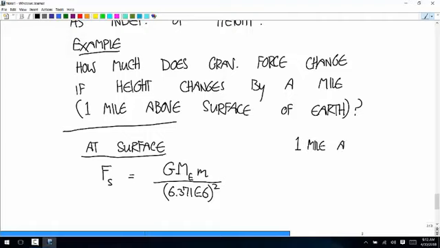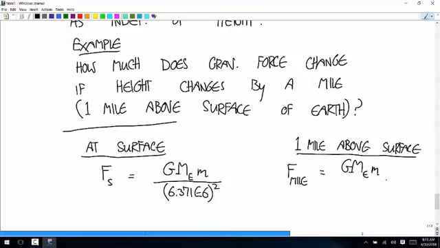So now 1 mile above the surface, we still have the G, the mass of the Earth, the mass of the object, but now the radius is 6.371 times 10 to the 6 plus 1609, and that's all squared.